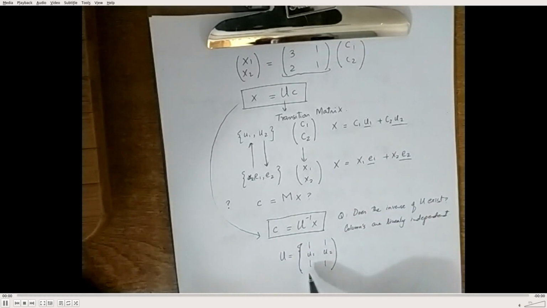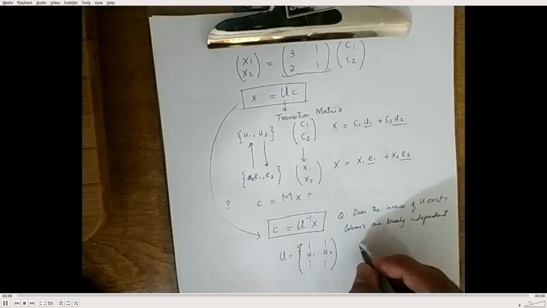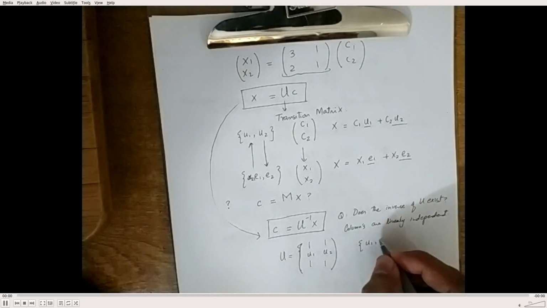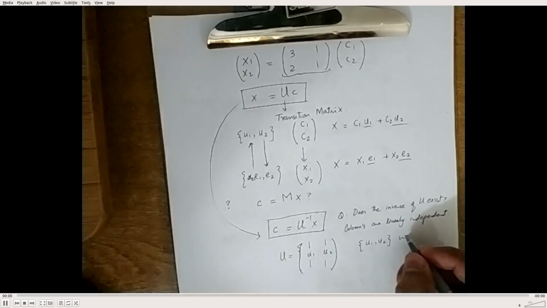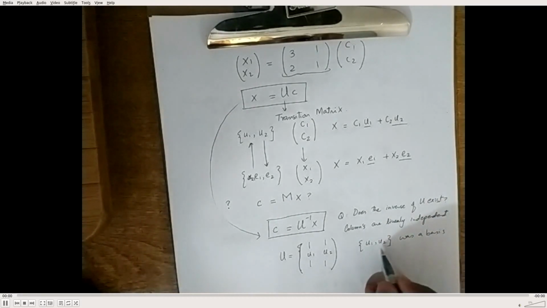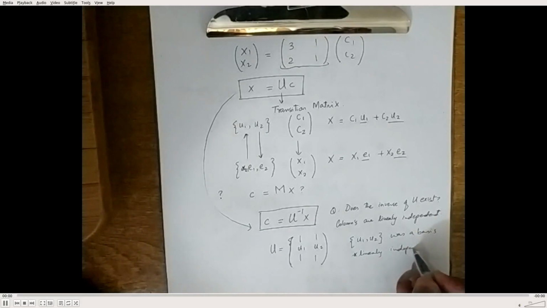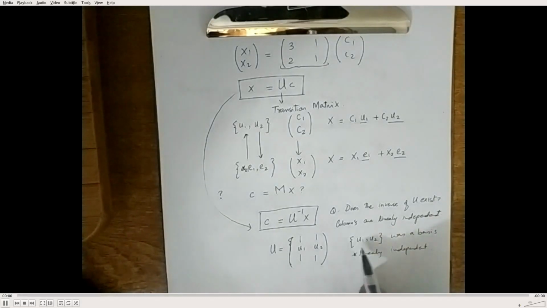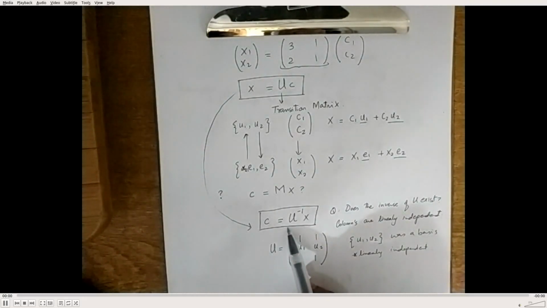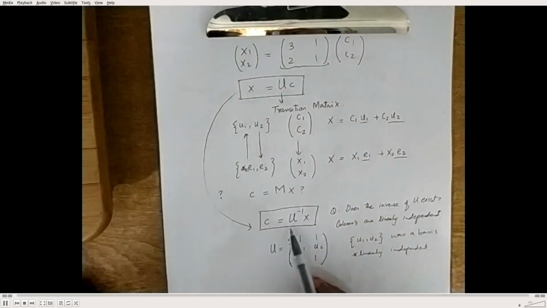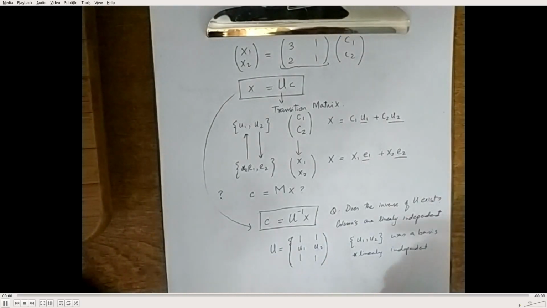Are the columns of U linearly independent? Well, of course they are, because we assumed right at the start that U1 and U2 was a basis. And we know that the collection of vectors that makes a basis has to be linearly independent. So we are guaranteed that these two vectors are linearly independent, and hence this matrix is invertible, and the inverse of this matrix exists, which is U inverse.